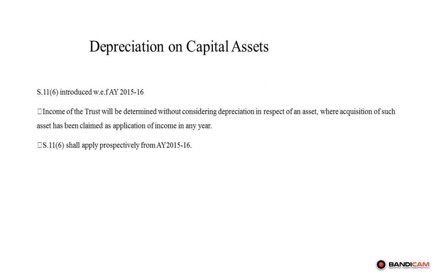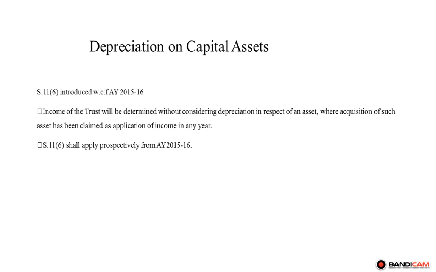So calculation of depreciation does not arise in the trust. We directly consider that the capital asset purchased by any trust is considered as an application of income of that trust, and this application of money is an allowable expenditure of the charitable trust for the benefit of the public.